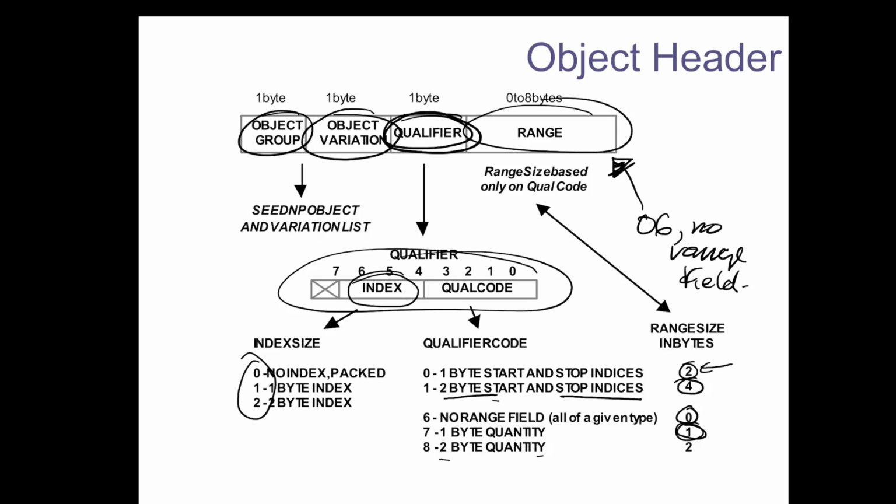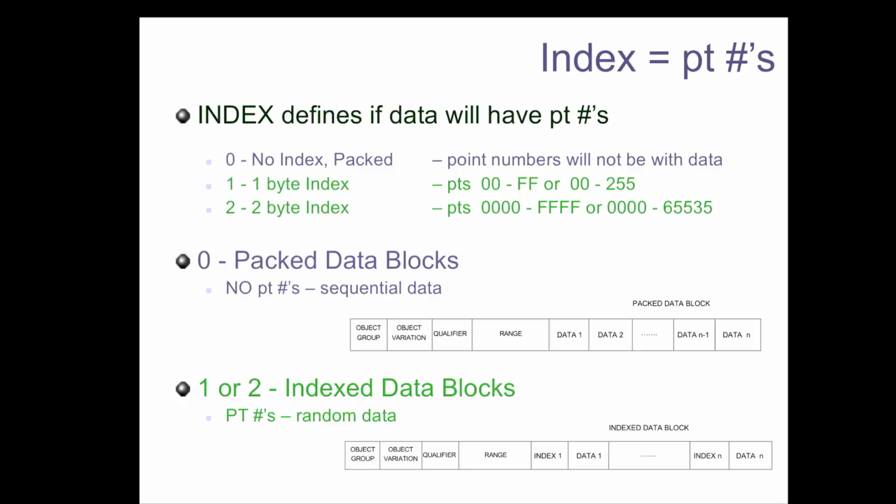Well, then if I'm going to use 2 bytes to express the number of points, it will be a 2 byte value. Okay, so this describes the size of the range field. Okay, so that's really what we've talked about previously.